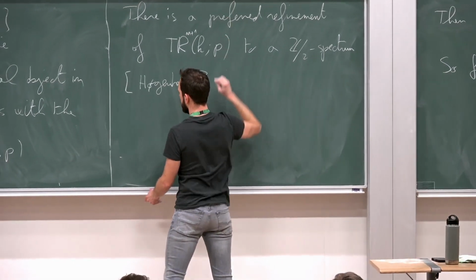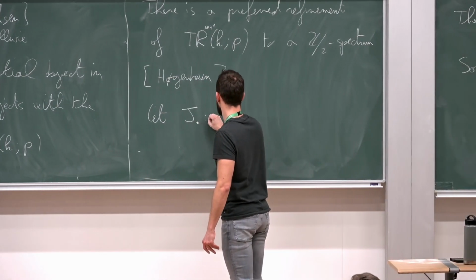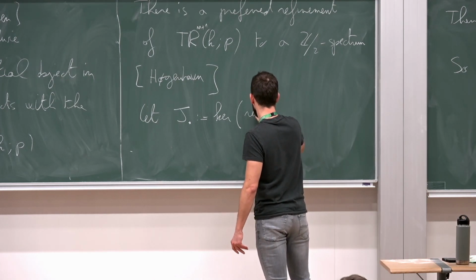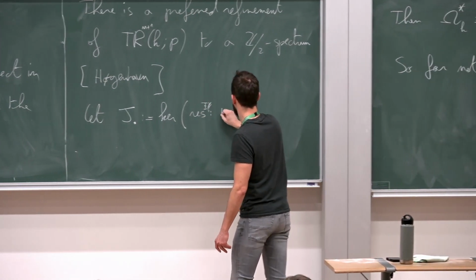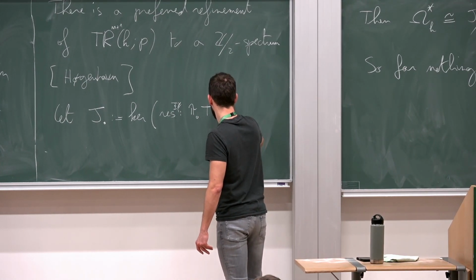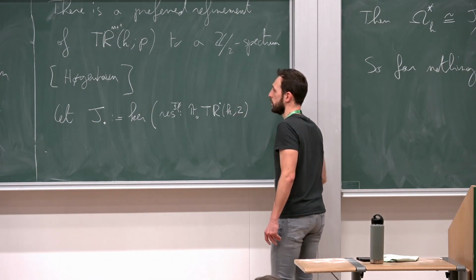So we can say that J is the kernel of this restriction map on geometric fixed points from pi 0 of TR of K. And now let me take the prime 2.